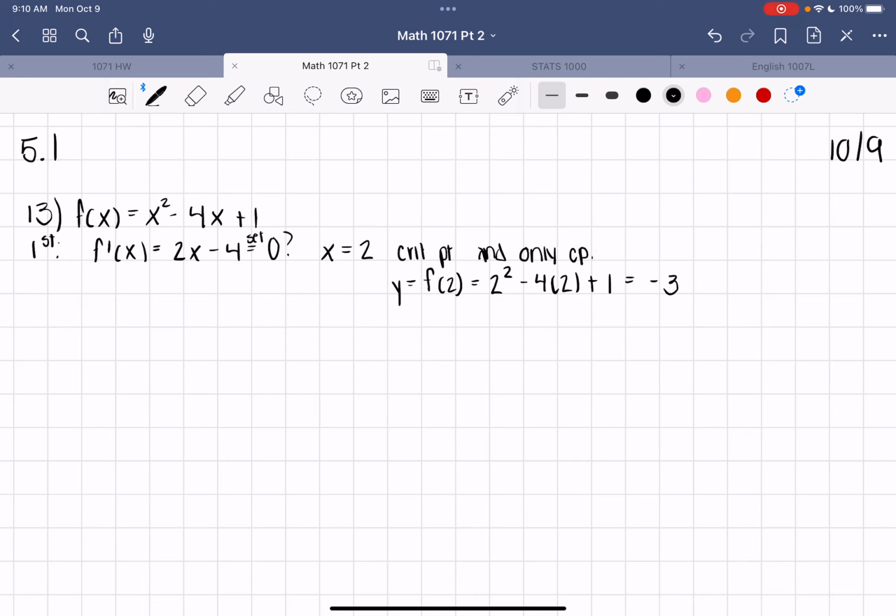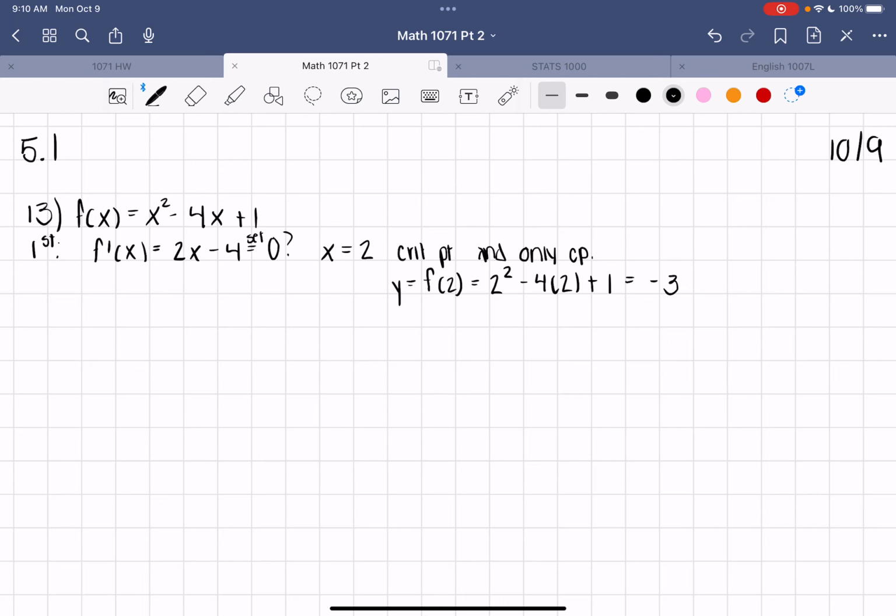So now let's do our shape table. Over each interval, I'm going to test the first derivative to conclude something about the shape. So I have 2 intervals.